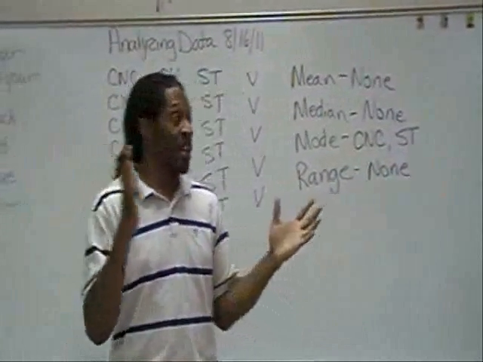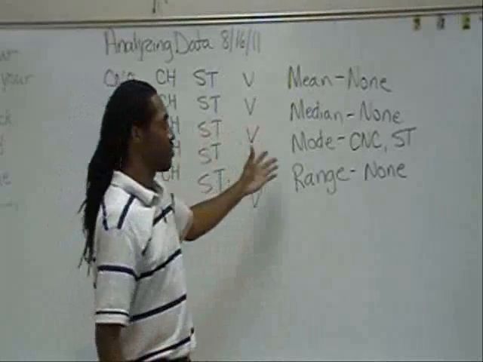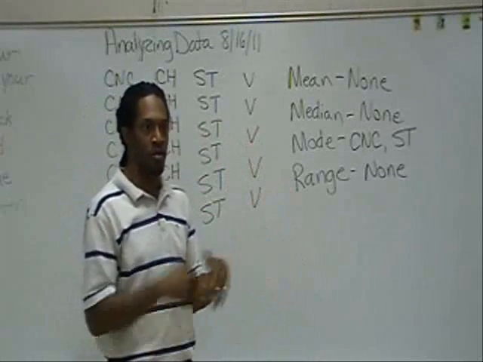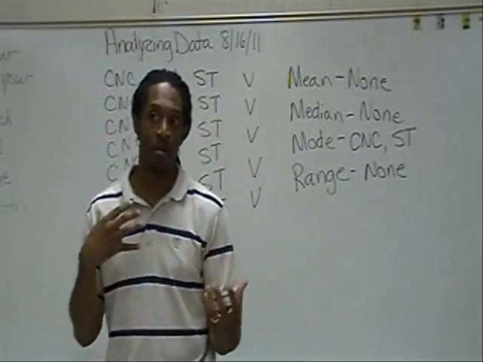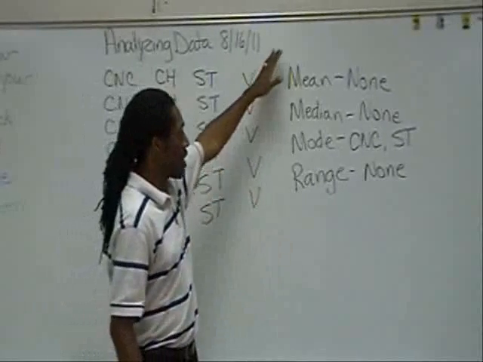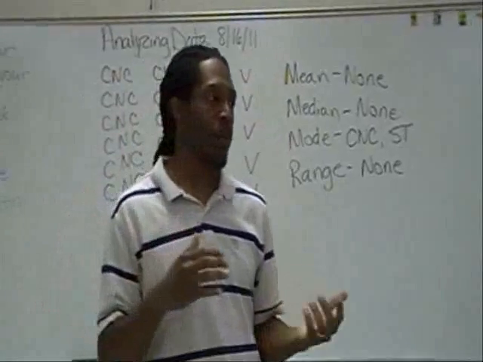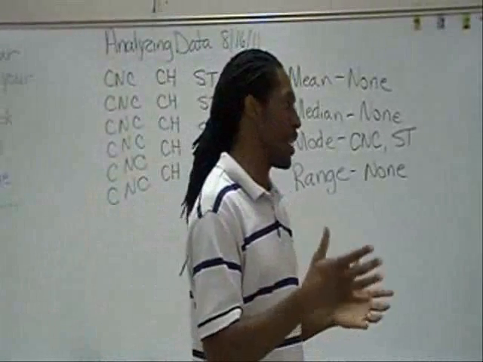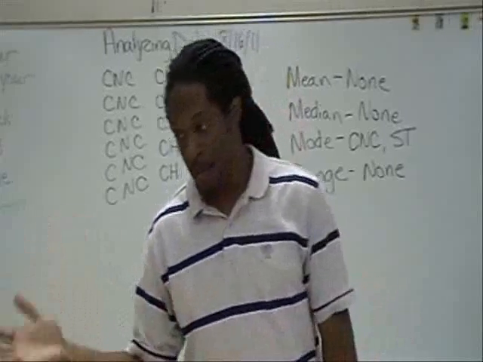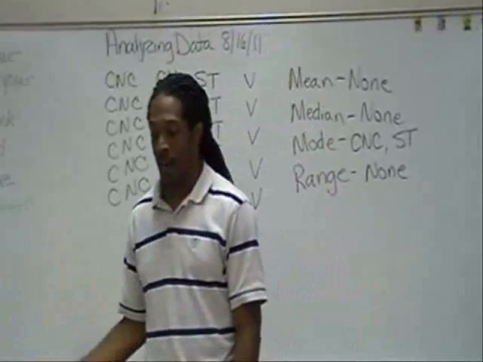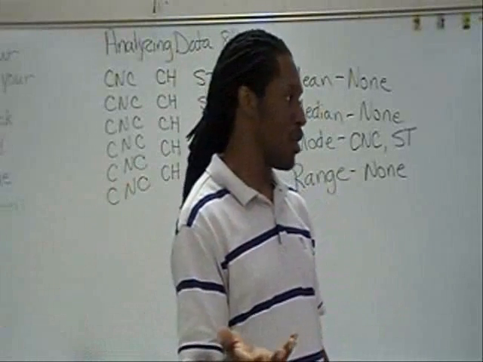Okay, it's a lot easier with categorical because you can only find the mode. Okay, we don't have any information to put in numerical order. Now, when we get into numbers, and we can find all of these, we have to think about it a little bit more to figure out which one is the best one to use. Now, if you look at your chart again, I also kind of went ahead and told you which one to use.